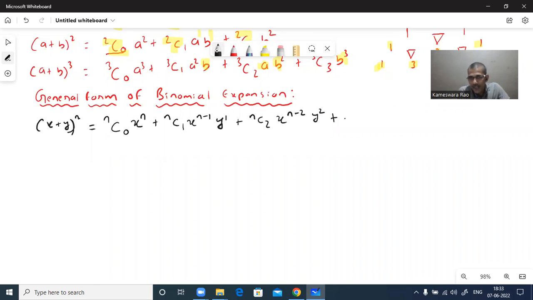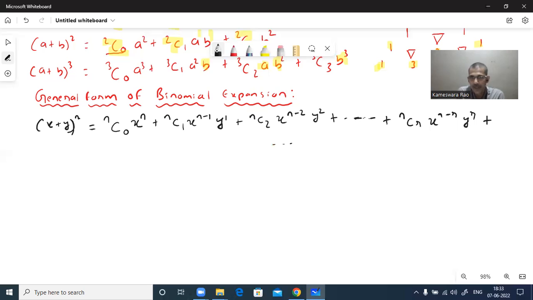Next, you can write the general term of the binomial expansion, which is very important. That is the (r + 1)th term, we can write like this: nCr x power n minus r and y power r. We can continue like this.